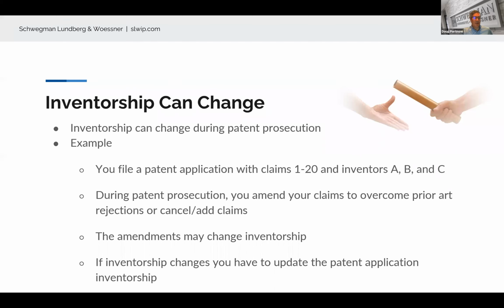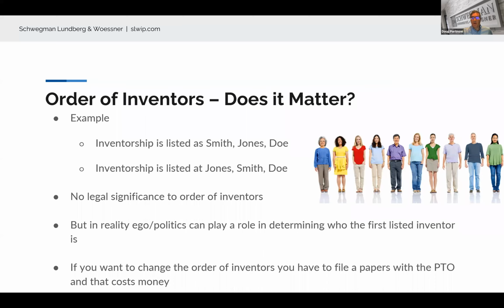And then another issue that we talk about on slide 20 is the order of inventors. Does it matter? Well, everybody wants to be referred to on the patent as the Smith 123 patent or the Jones 456 patent. If there's ever litigation, that's typically how these things are referred to.